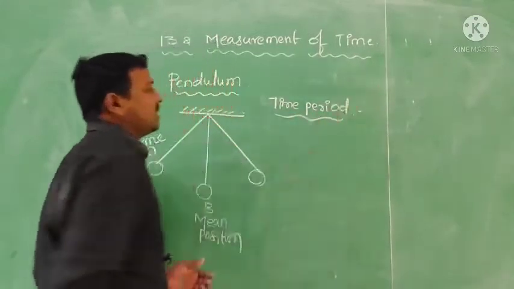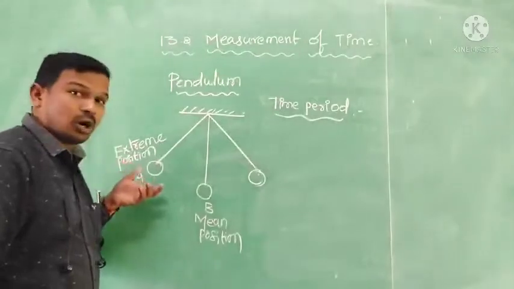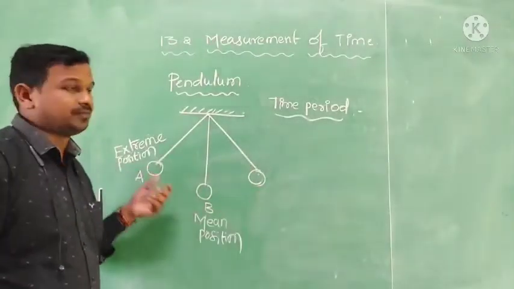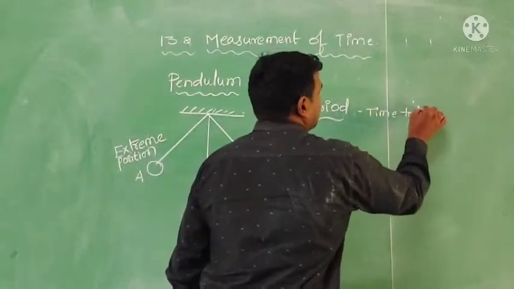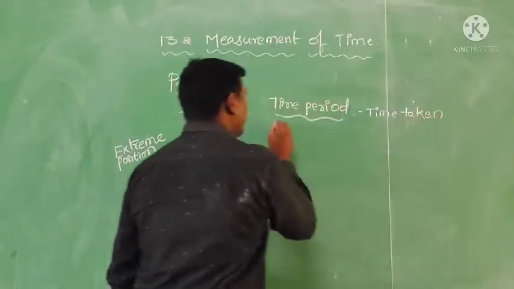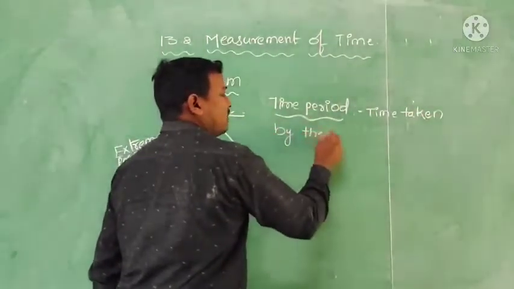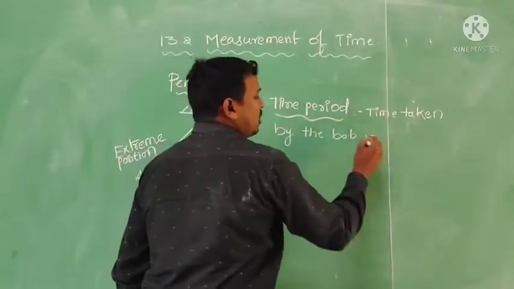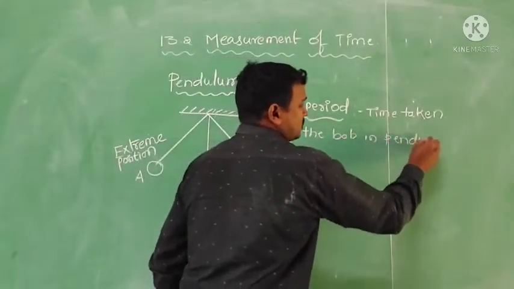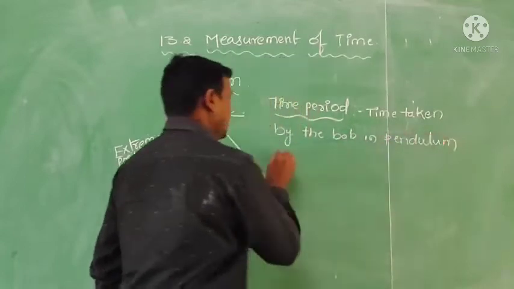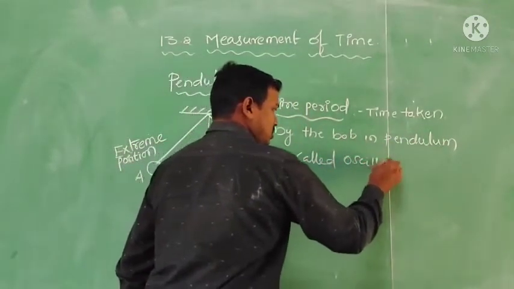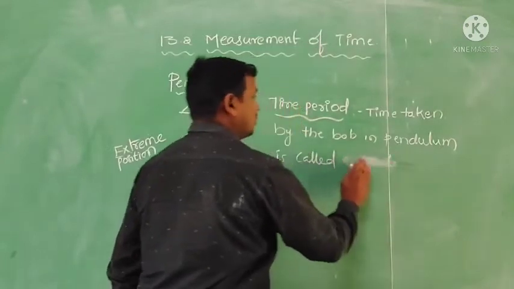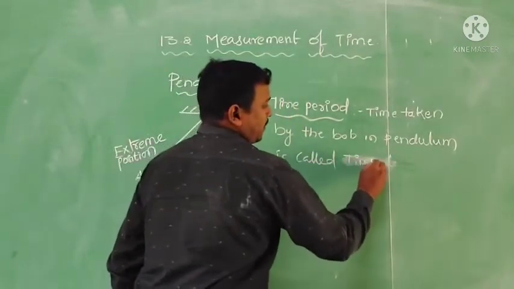What is the time period? The time taken by the bob in a pendulum to complete one oscillation is called the time period.